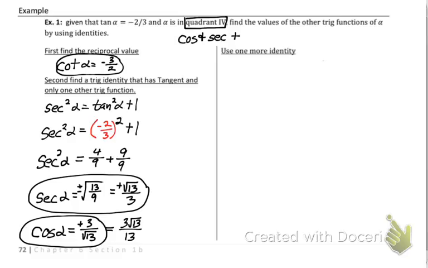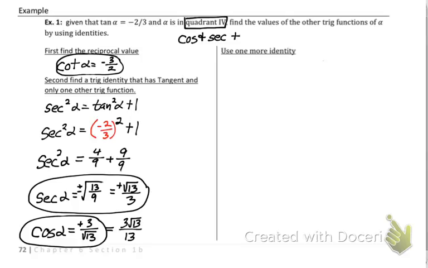I'm okay if you leave it as 3 over square root of 13 in this particular instance when we're finding all 6 of them. In fact, the book will leave the answer in this form. It'll leave it as 3 over square root of 13, and that's because we're going to use it to find more values, and it's a constant plugging in and moving numbers around. Simplifying it at every turn just takes too long and it's a waste of time. So I'm okay if you just leave it as 3 over square root of 13.